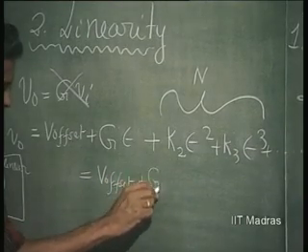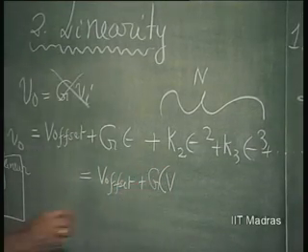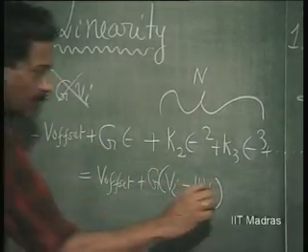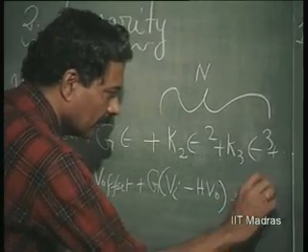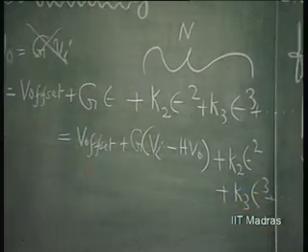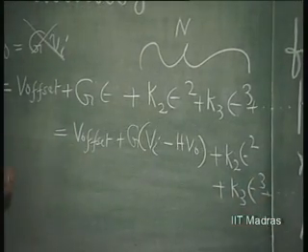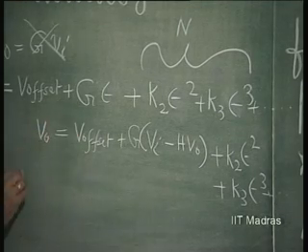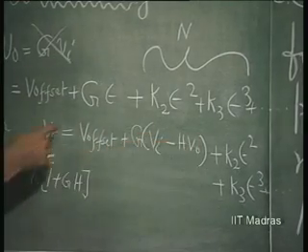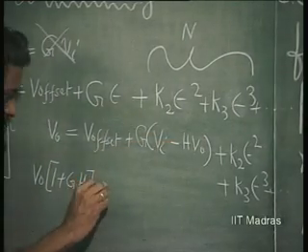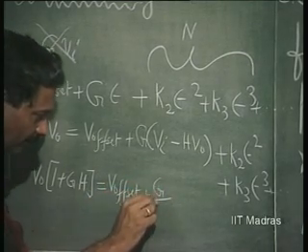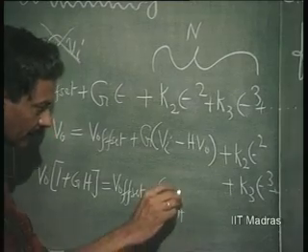This error G is V I minus H times V naught. This we will write for this, and all these things are going to be still there. So, V naught into 1 plus G H, we will take this along with this, is now equal to V offset plus G by 1 plus G H into V I.